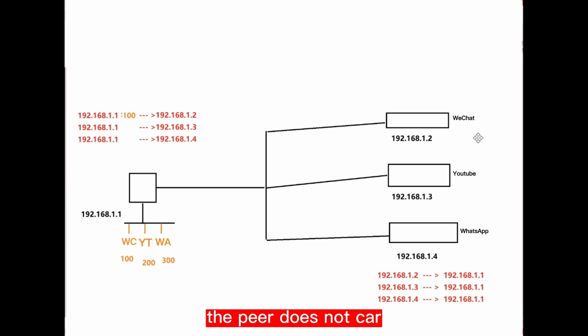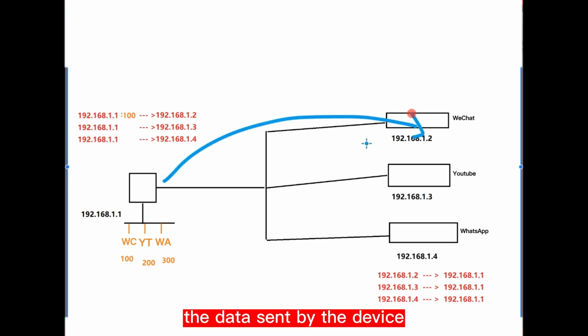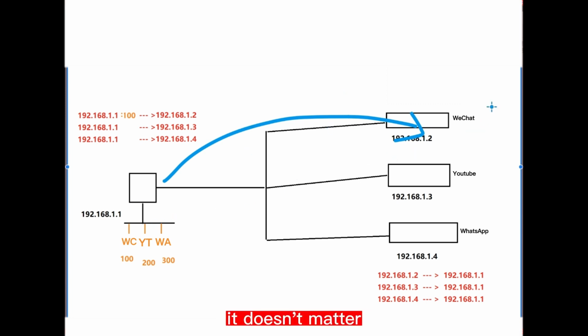Certainly, the peer does not care what your local port number is. So what is the use of this port number? For the data sent by the device, how many ports the WeChat server has doesn't matter. If many devices access the WeChat server in the future, how to distinguish them?